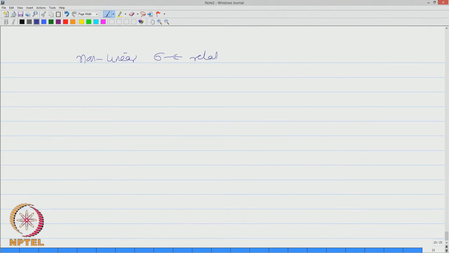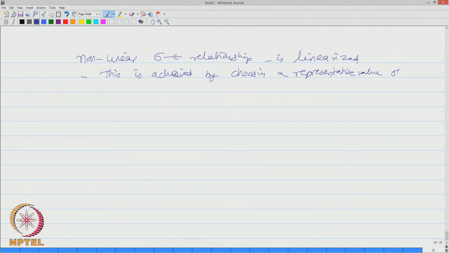So, interestingly, a nonlinear stress strain relationship is linearized. This is achieved by choosing a representative value of strain, typically 0.2% value is used.